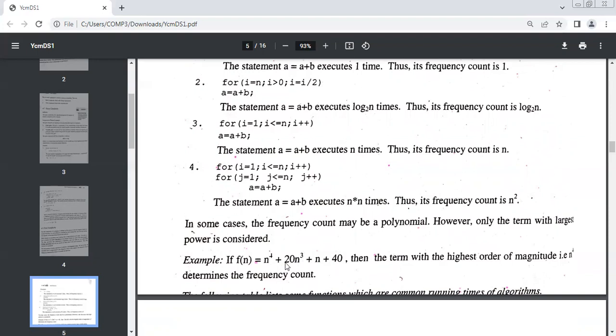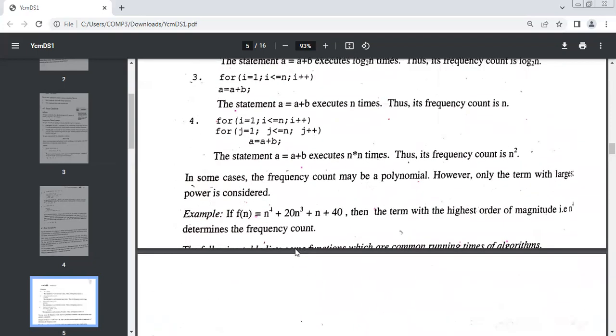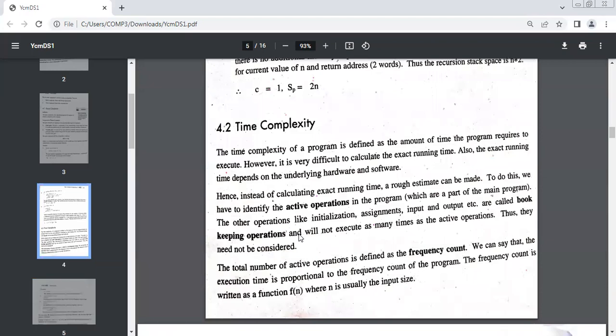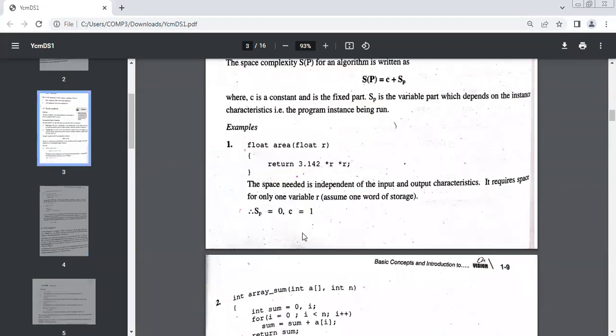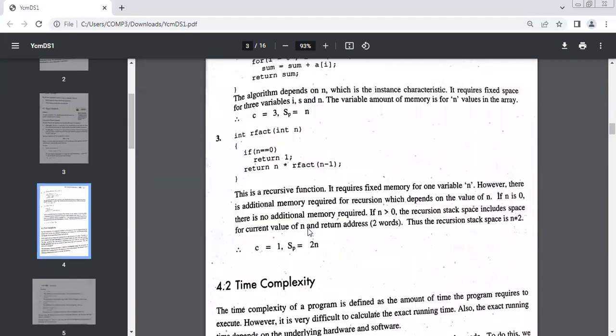So the term with the highest magnitude we can call the frequency count of that polynomial. So in this example, n raised to 4 is the frequency count of this polynomial. Okay, so this is the time complexity and this is the space complexity.